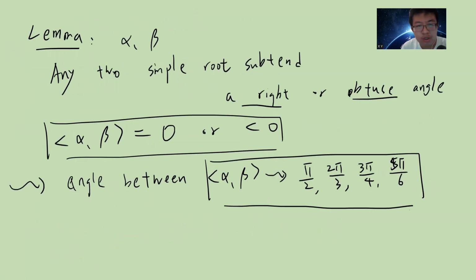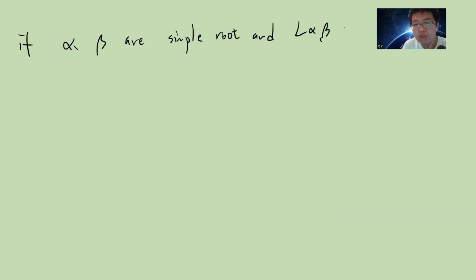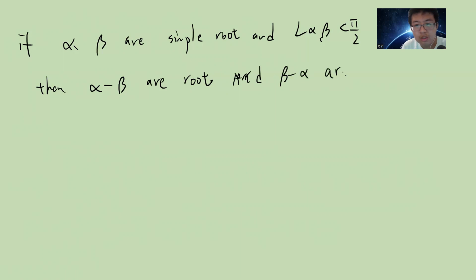Okay, so why is this important? Because if alpha and beta are simple roots and their angle is acute, less than pi over 2, then alpha minus beta and also beta minus alpha are roots. But this is a contradiction, because we know that alpha and beta both belong to phi_h plus.